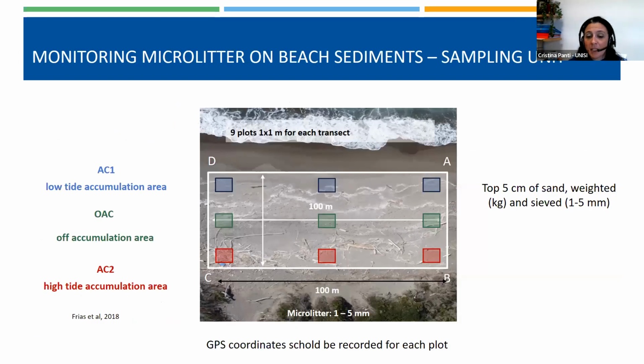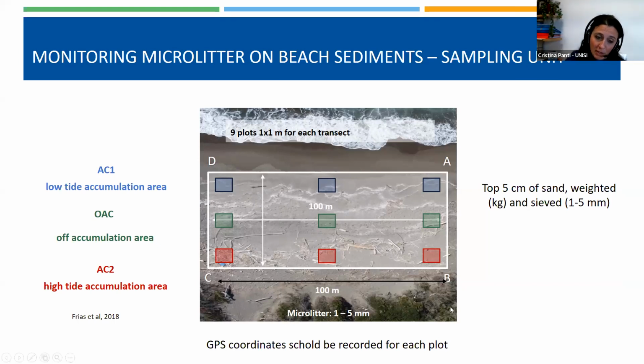So how do we choose the plots for each transect to be monitored? Ideally, we should choose 9 plots of 1 by 1 meter dimension, but we can also scale down the dimension of the plots, which should be located at the beginning of the transect, in the middle of the transect, and at the end of the transect.